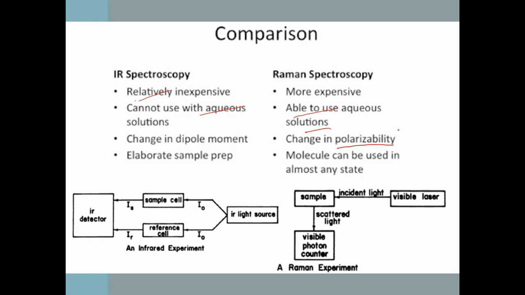You usually measure Stokes and anti-Stokes shifts, and the molecule can be used in almost any state. For IR, you need a solid sample, such as a KBr pellet, and the wave numbers that represent IR and Raman spectra are almost the same, but the nature of the sample used differs.